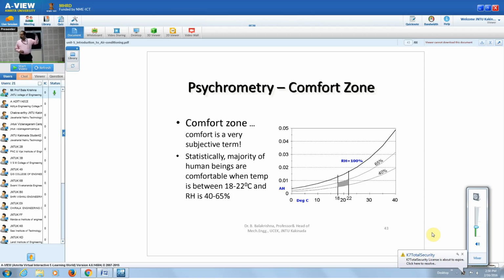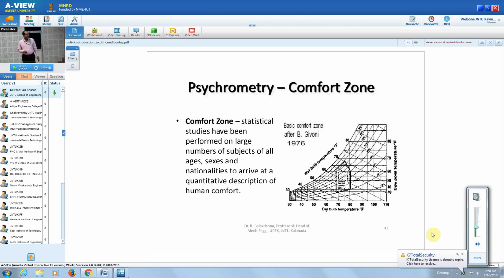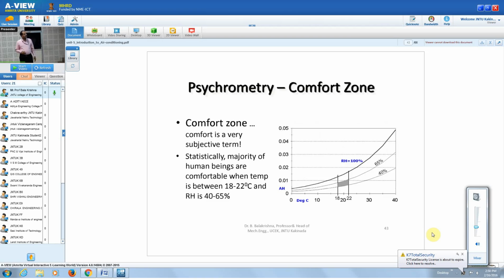In the previous graph also, this is the 18 to 22 degrees. This zone, I am highlighting in the next slide. This one is the comfort zone, 18 degrees to 22 degrees centigrade. This is the DBT, dry bulb temperature. And then the relative humidity, this is the 40%, and then this is the 65%.